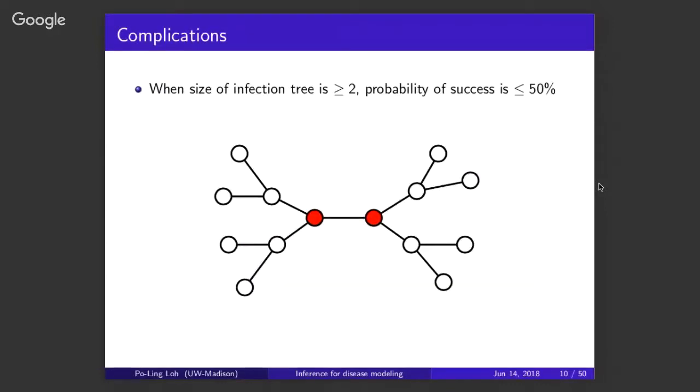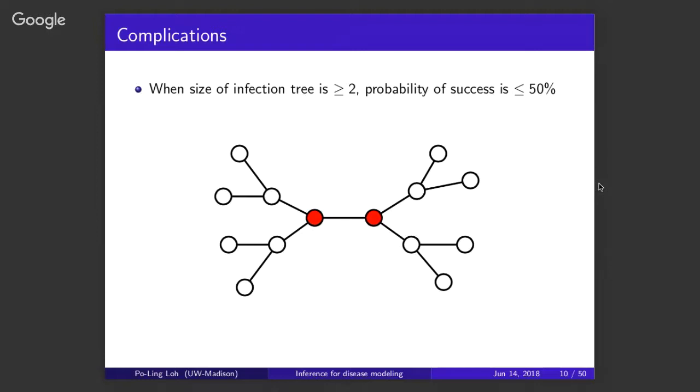So actually, instead of just looking at one node, what we'll be looking at is to find a collection of nodes so that with a certain probability, the collection contains the source. And the reason for picking several nodes rather than just one node is that, for instance, if you have some kind of a regular tree, so it's just fully symmetric and every node has the same number of vertices, and let's say you look at a snapshot of time that's the second stage of the infection, then everything is fully symmetric.